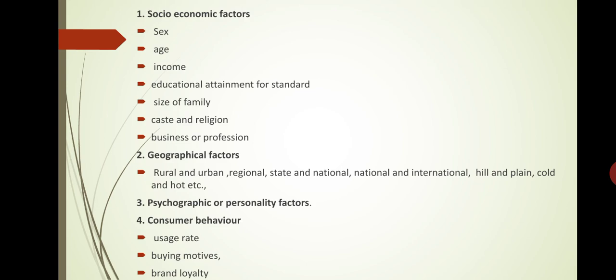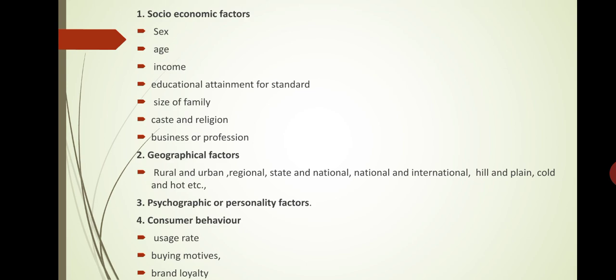Segmentation of a market on the basis of geographical factors is useful where the customers are scattered over a vast area, right. The production of the firm is on a large scale. The appropriate arrangements are made by the firm to make products available in those different segments.